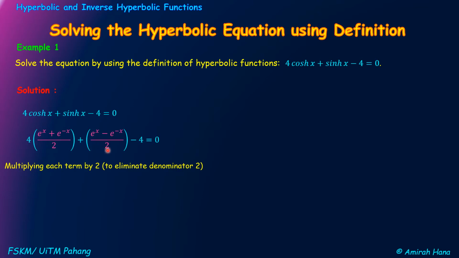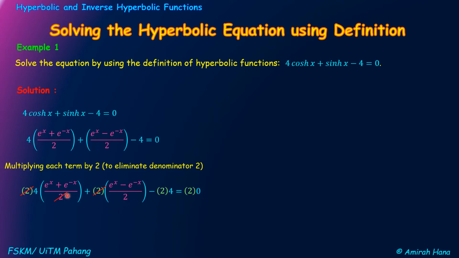From the above equation, we multiply each term, 1, 2, 3, 4, by 2. After we multiply by 2, we can eliminate the denominator 2 here and here.